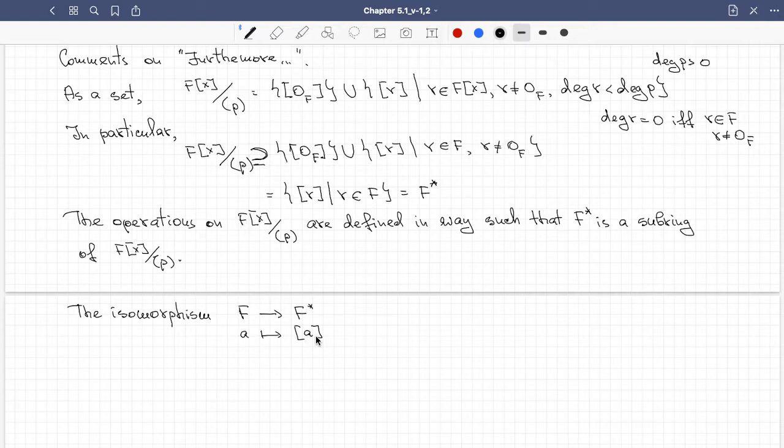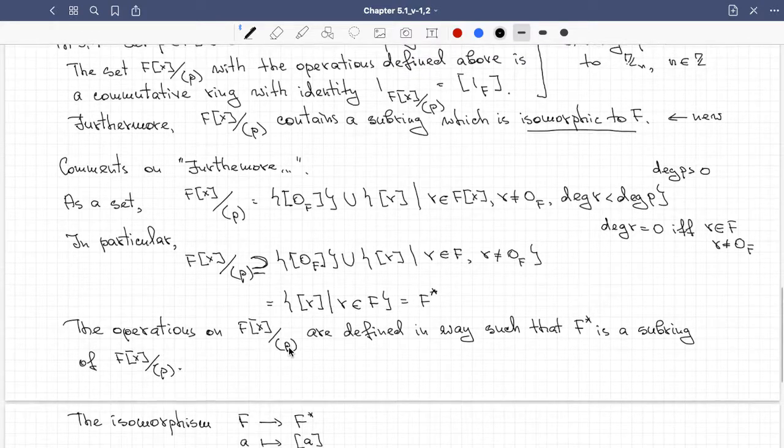Everything is defined in a way such that this is an isomorphism. That is basically a proof or explanation of this new property, which is a new phenomenon which we did not observe for integers.